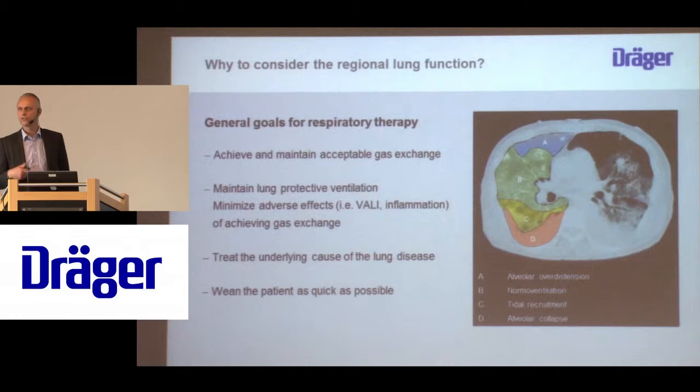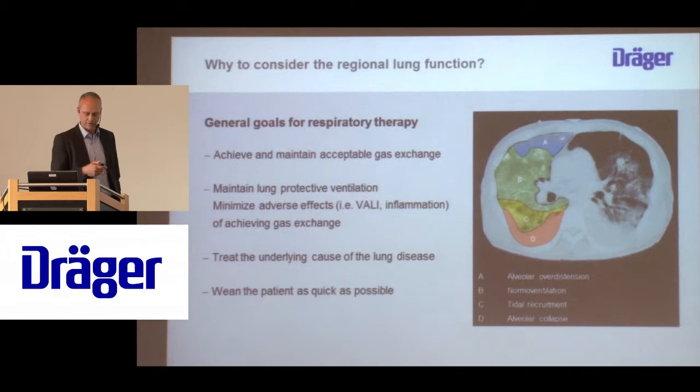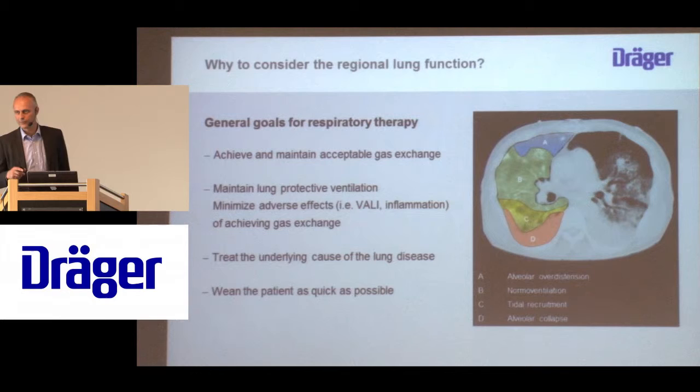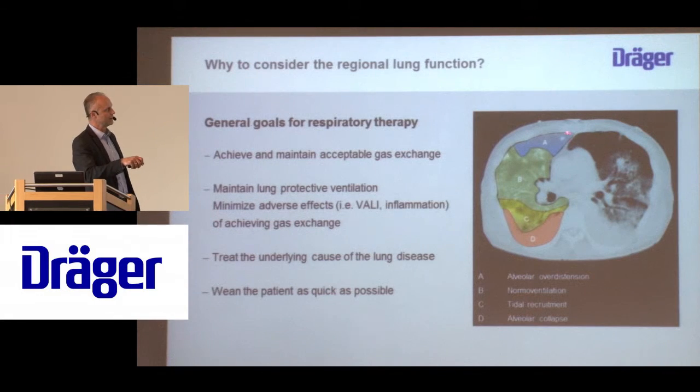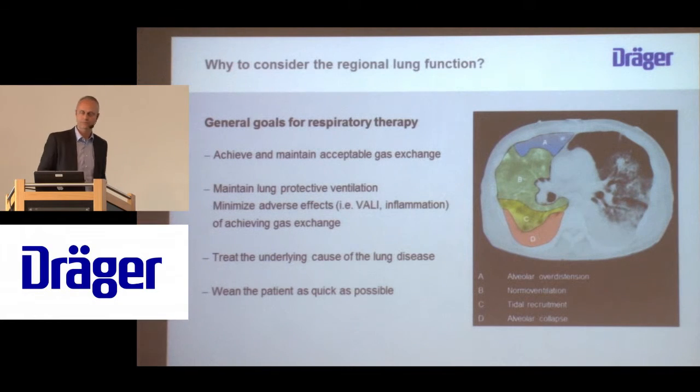And of course, to display regional effects, it's good to have not just regional information like from a chest X-ray, but it's much better to see these different regions and their different behavior in a transversal projection like a CT scan.